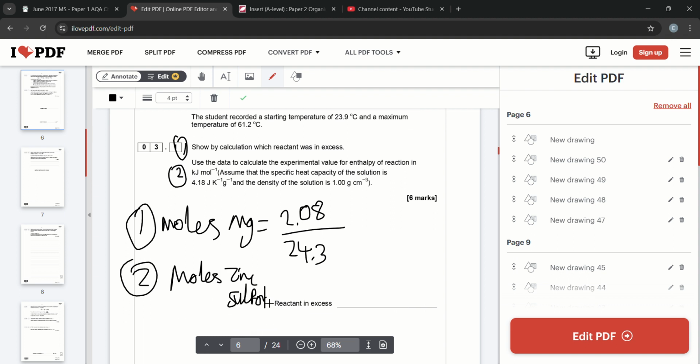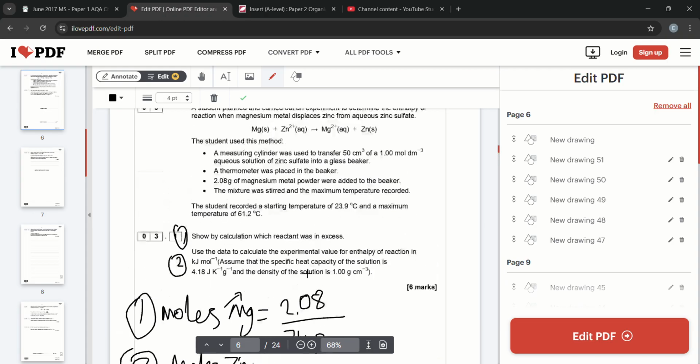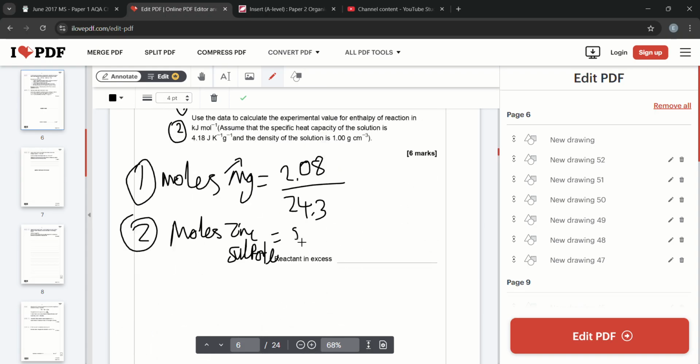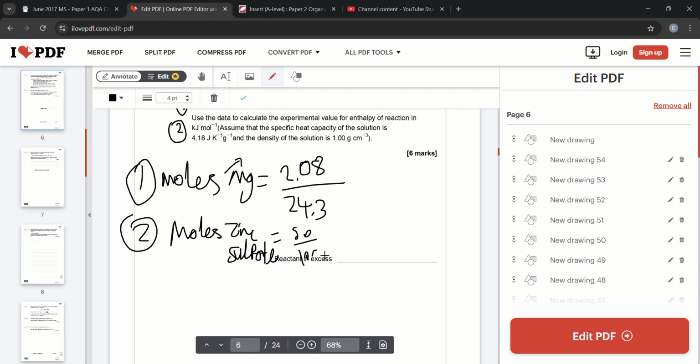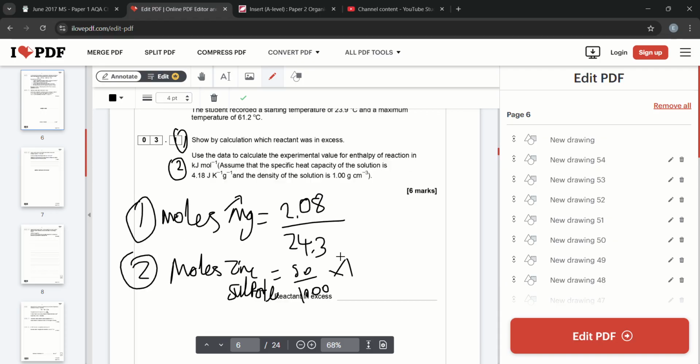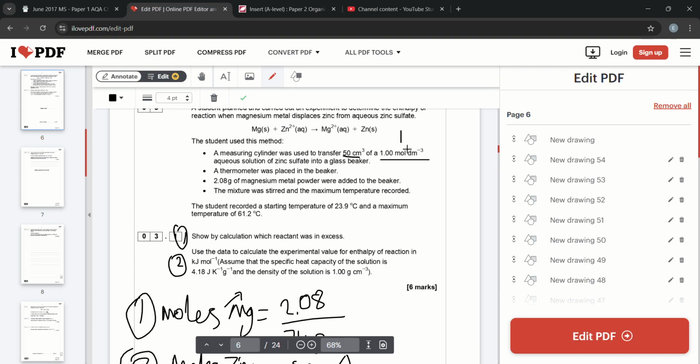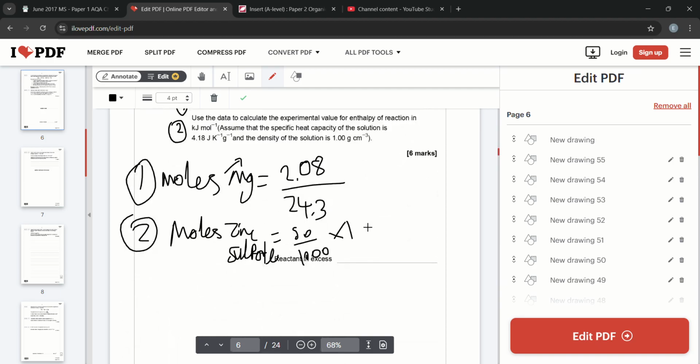Well, the way I worked out the moles of magnesium was mass over Mr. The moles of zinc sulfate is going to be concentration times volume. So 50, but we need to divide it by 1000 because we're converting cm³ to dm³, times 1. That's already in moles per dm³, so you don't need to divide or multiply it by anything else. So we get 0.050. It's just 50 divided by 1000.